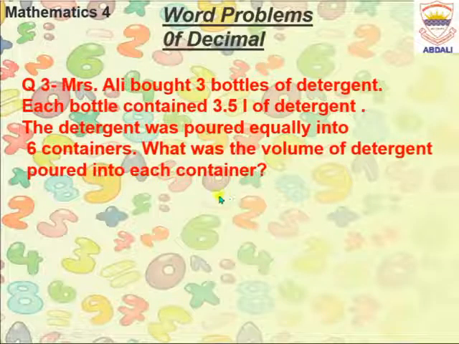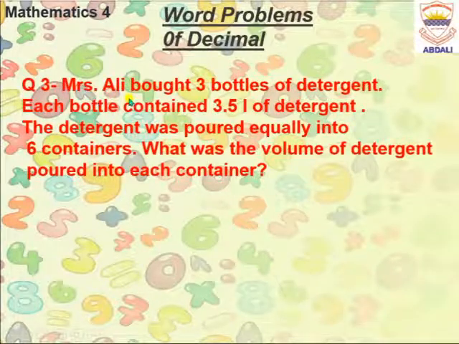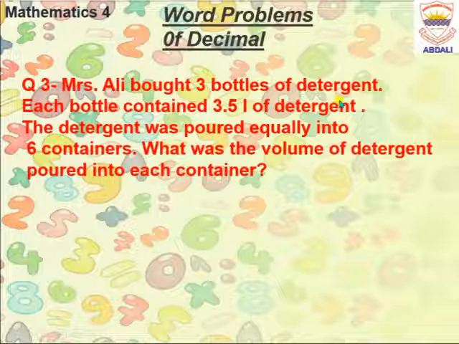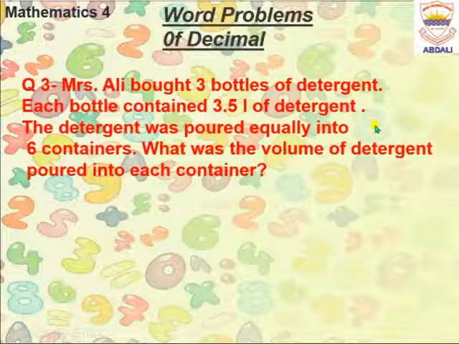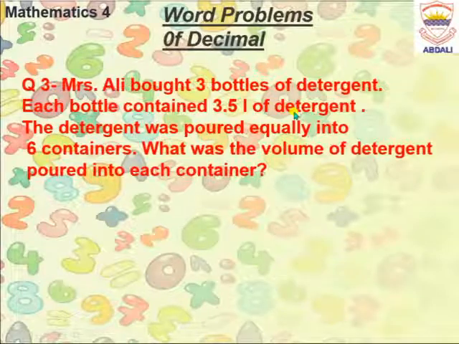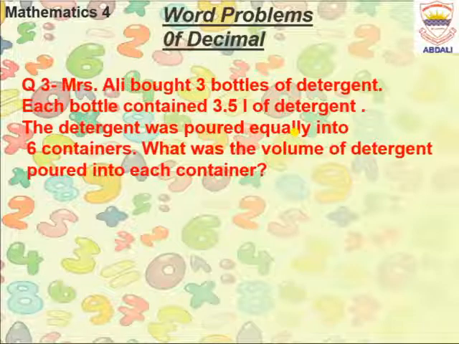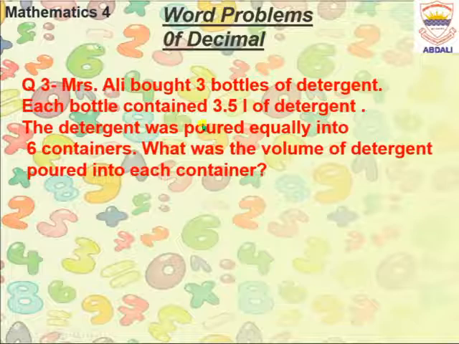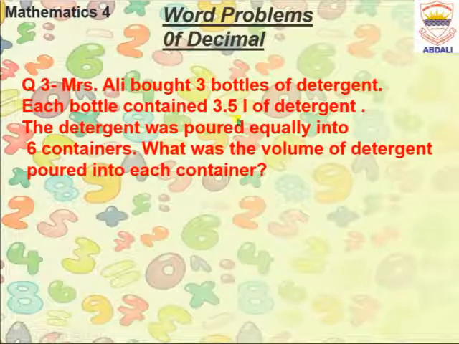So let's understand it. Mrs. Ali bought 3 bottles of detergent. How many bottles of detergent are there? 3 bottles. Each bottle contained 3.5 liter of detergent. What is the amount of detergent in each bottle? Very good, it's 3.5 liter. The detergent was poured equally into 6 containers.